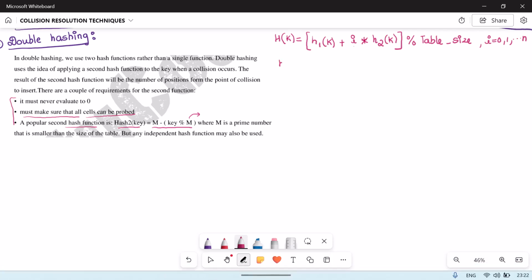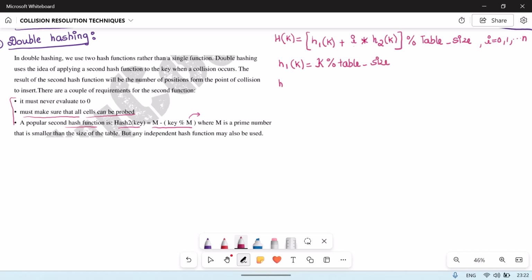So in this h1 of k is whatever k mod table_size. This is how we usually used to do, right? k mod table_size.